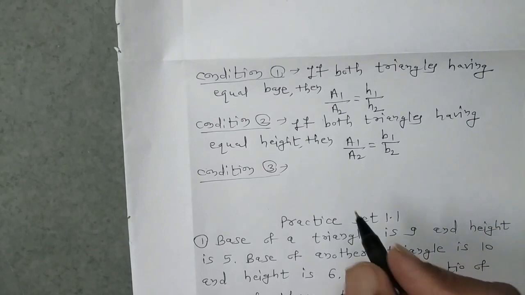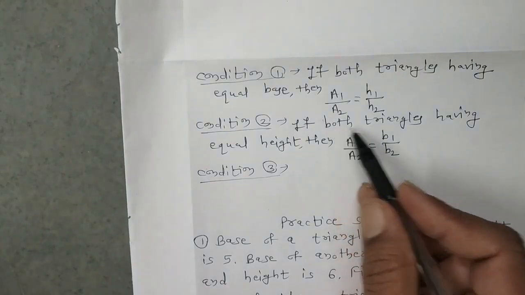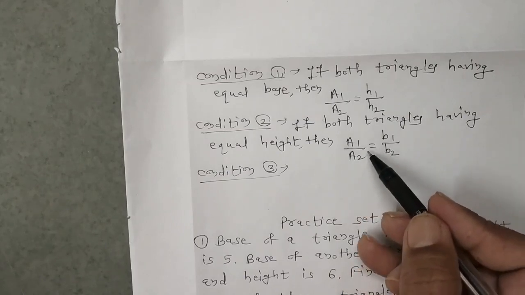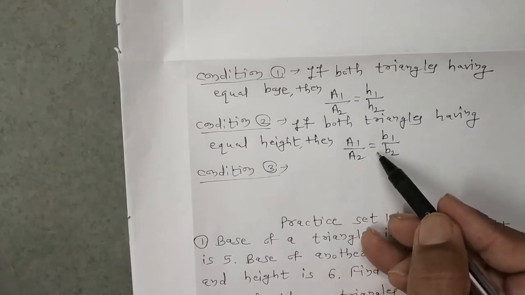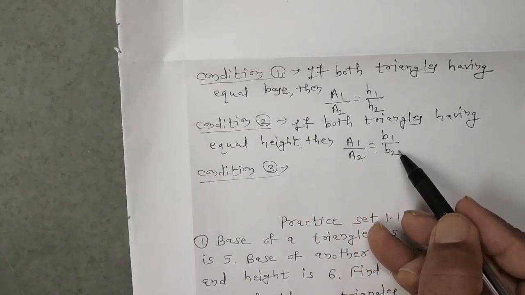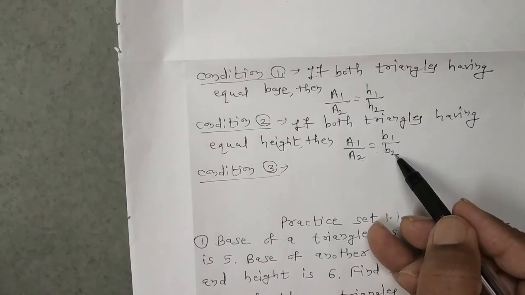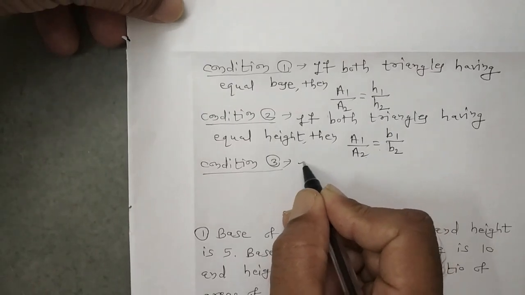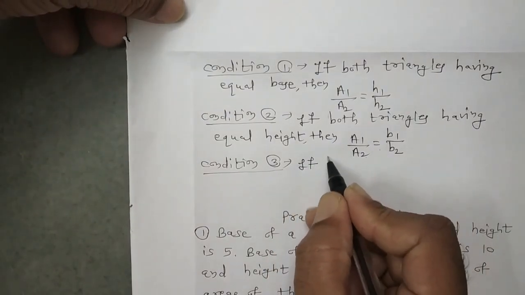That is, if both triangles have equal height, then the ratio of their areas is equal to the ratio of their corresponding bases.